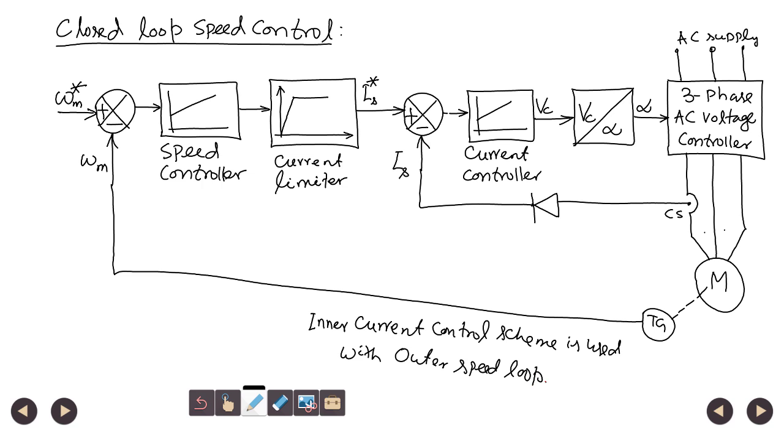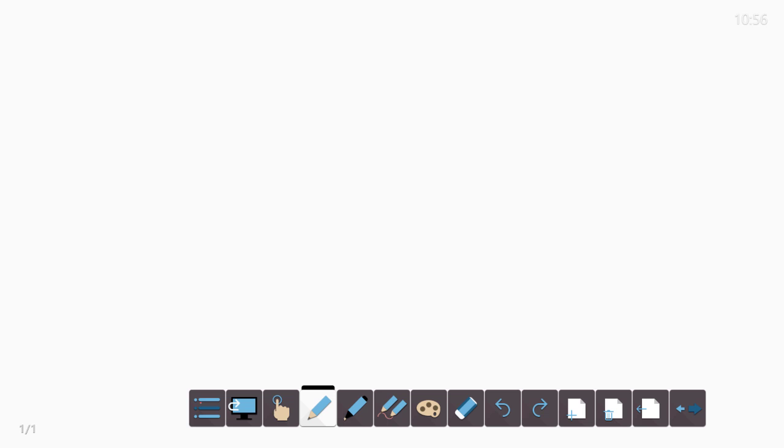The closed loop control action generates the control voltage Vc, which is converted to alpha to give the necessary output voltage, and this alpha of the voltage controller is controlled in a closed loop manner. This is a closed loop scheme. Next we will discuss more detail about fan and pump drive.